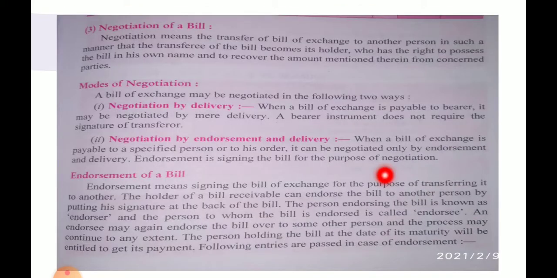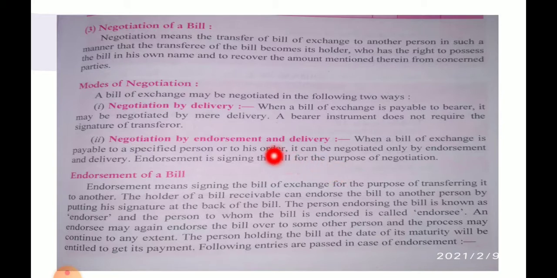Now, the third case is negotiation of a bill. Negotiation means the transfer of the bill of exchange to another person in such a manner that the transferee of the bill becomes the holder, who has the right to possess the bill in his own name and recover the amount mentioned therein from the concerned parties.